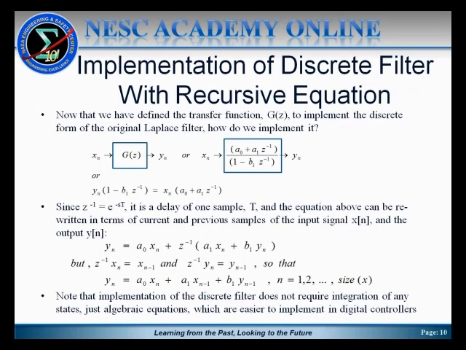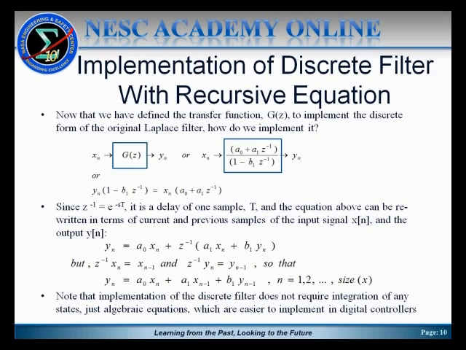But z inverse x sub n is nothing more than the previous value of x, that is x of n minus 1, and z inverse of y sub n is nothing more than the previous value of y, or y sub n minus 1, so that the recursive equation that would implement that discrete filter now is y sub n, the current state, equals a0 times the current value of input x sub n, plus a1 times the previous value of input x sub n minus 1, plus b1 times the previous value of the output y sub n minus 1, where now n just runs from 1 all the way up through the size of the input x sub n.